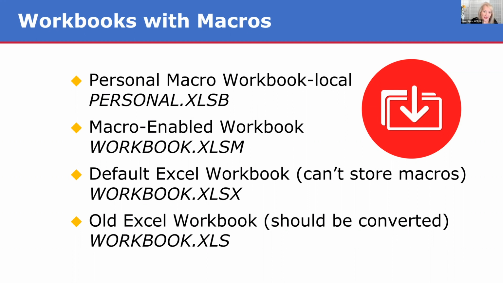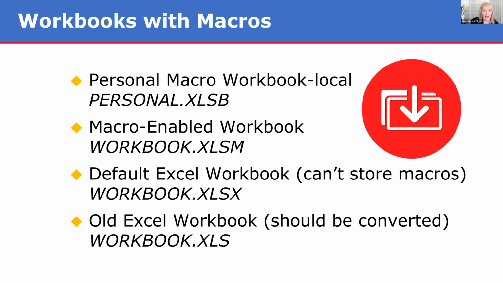If it's a workbook that contains a macro, then it needs to be saved as a macro-enabled workbook. That is a file that has the extension .xlsm. That's important to know because our default Excel workbook cannot store macros. This is a security component, designed so that malware and malicious program code cannot be easily introduced to your system.